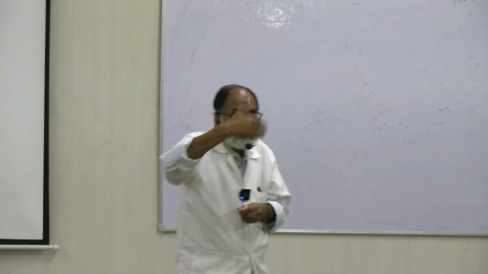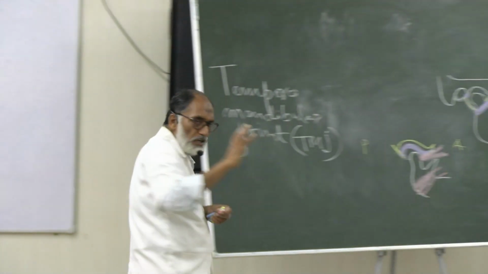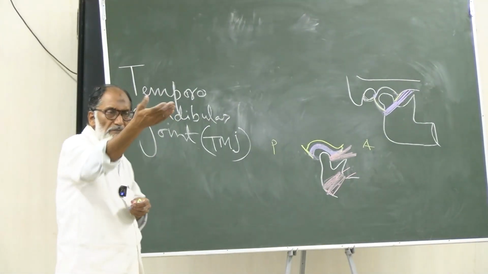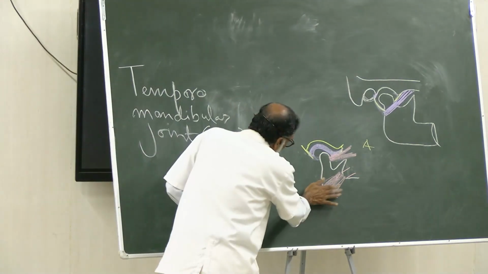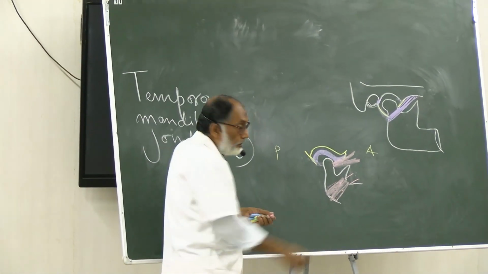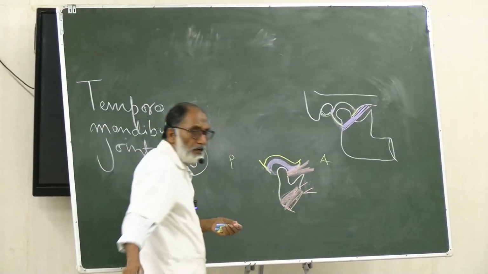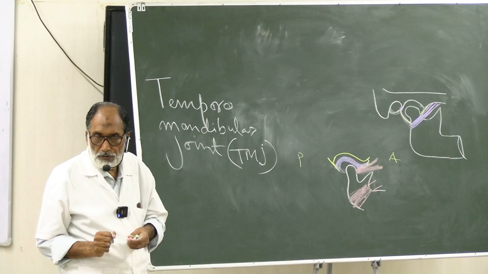If you know the mandibular attachment, then you will be able to appreciate the function. It is coming from forward and inserting into the medial aspect of the ramus of the mandible, and the lateral pterygoid in front of the neck of the mandible.